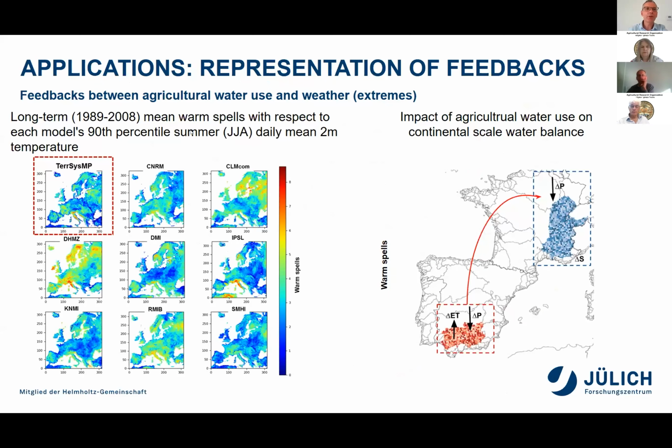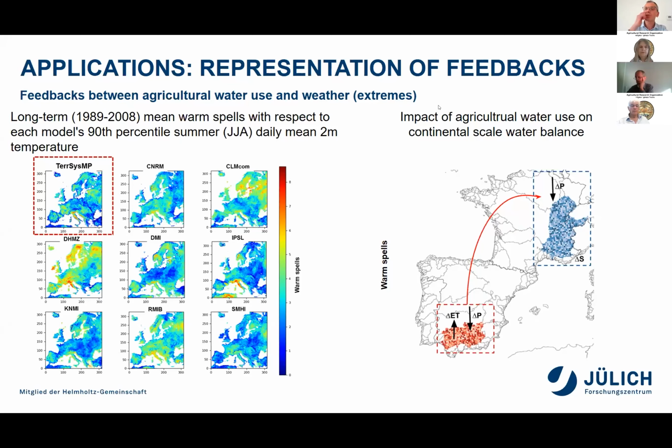So these kind of models can be used to evaluate and investigate feedbacks between, for instance, agricultural water use and weather conditions. So the left side shows you the impact of groundwater tables that are influenced by agricultural water use, and the air temperature and duration of heat waves during summer in future climate scenarios.